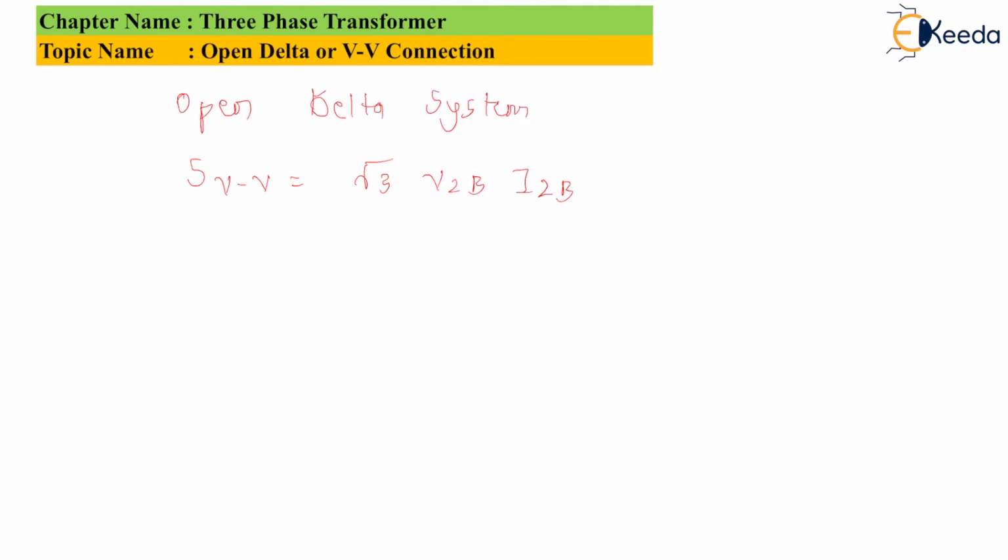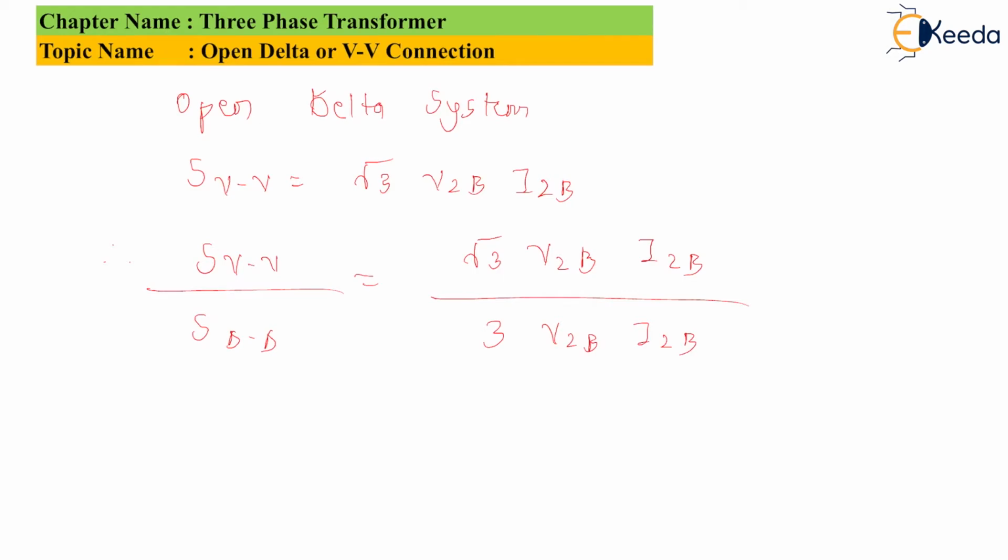Now let us take the ratio of the both. Taking the ratio of the open delta system kVA to the closed delta system kVA, we get S VV divided by S delta delta is equal to root 3 V2B I2B divided by 3 V2B I2B.